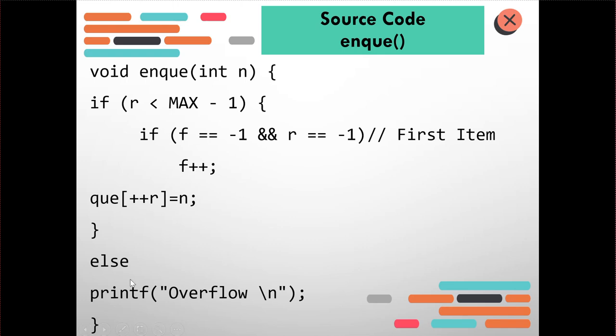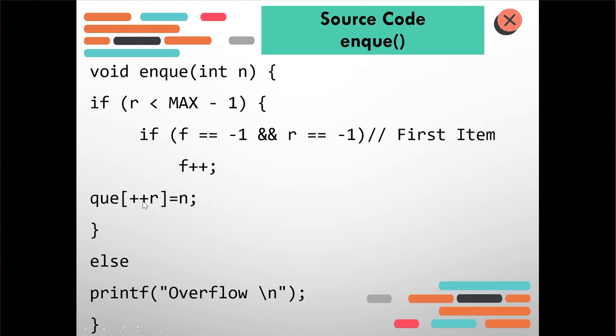Else means this else belongs to this if. If the capacity has been reached, then in that case we will have an overflow condition and we would print the respective statements for the user. Just repeating what I said, first we would be checking whether r is within the limits and would then be able to insert that value at the q position, which would be represented by ++r.